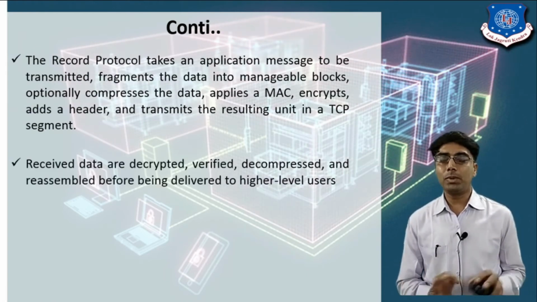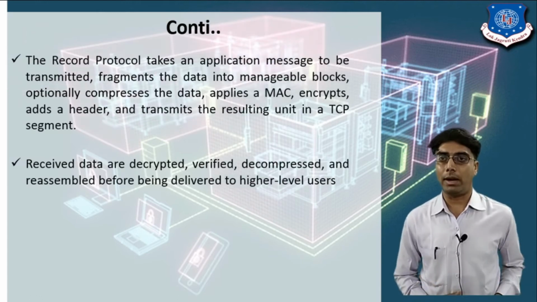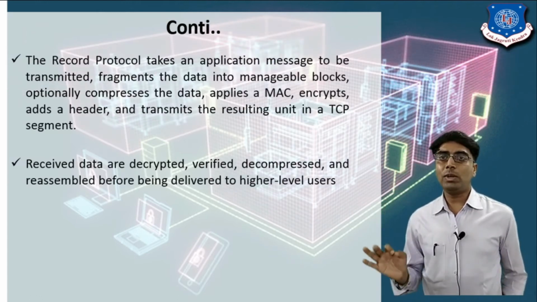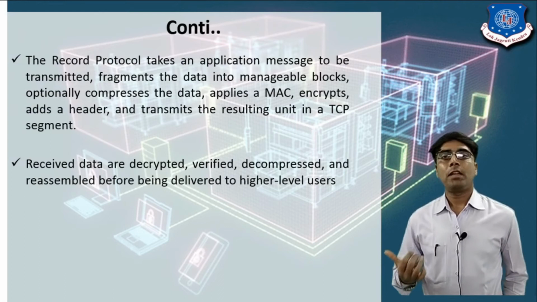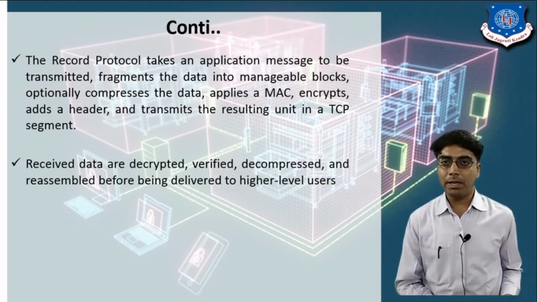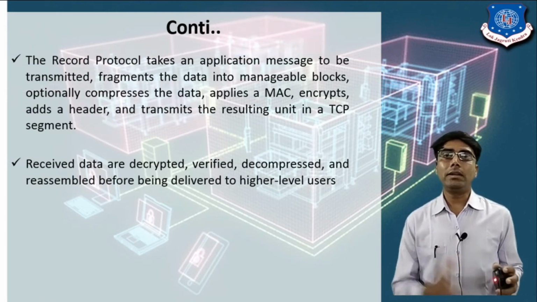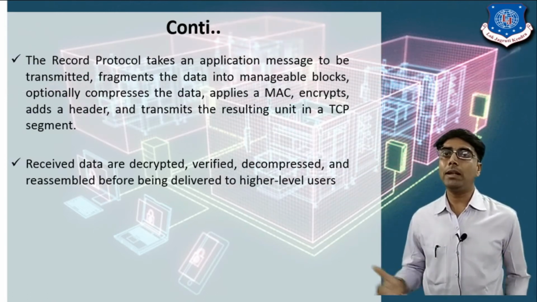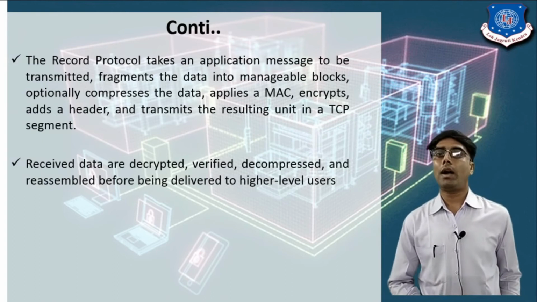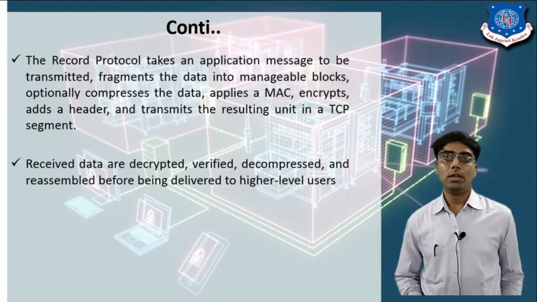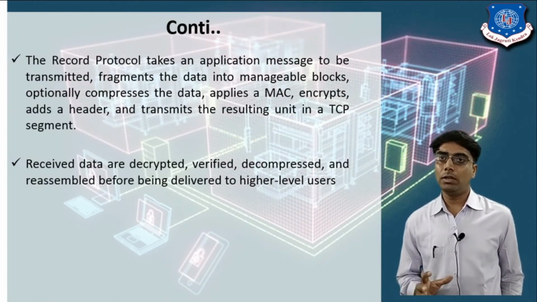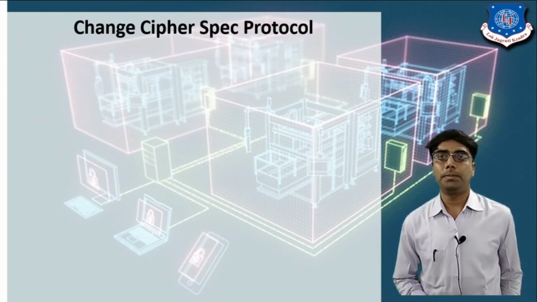So this is the process of the SSL record protocol. Now the receiver receives this data. The receiver decrypts, verifies the data, decompresses the data, and reassembles it before it is delivered to the higher level user.